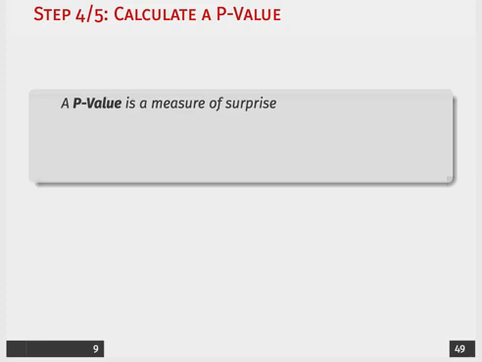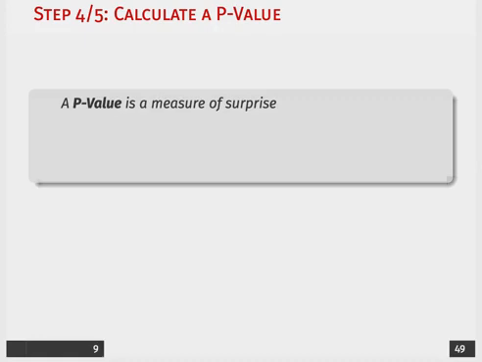With our test statistic in hand, we can now provide some sort of calculation or measurement of surprise around that test statistic, right? So it may not be enough to just say that the typical value of a test statistic in the 95th percentile would be this, and this is what we found.